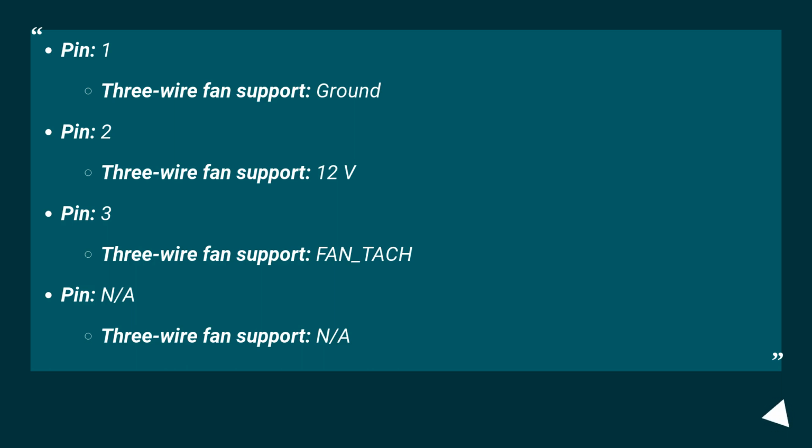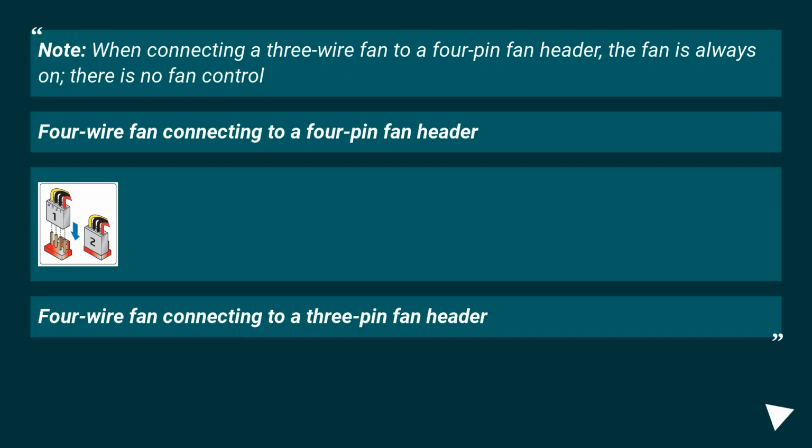Pin 3, 3-wire fan support, fan_tach. Pin NA, 3-wire fan support, NA. Note: when connecting a 3-wire fan to a 4-pin fan header, the fan is always on. There is no fan control.